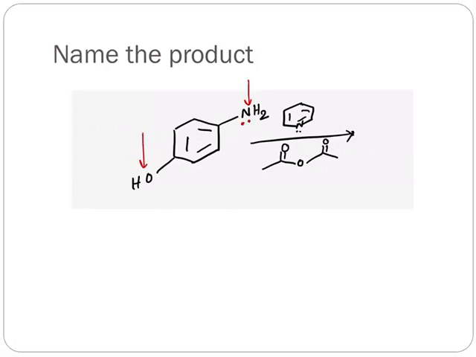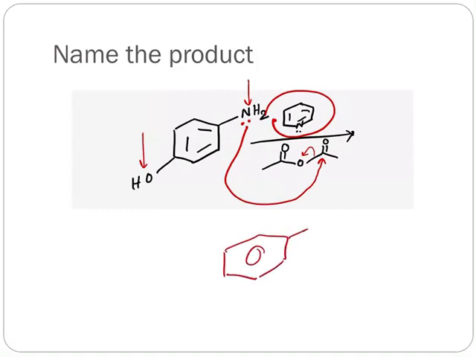Here this nitrogen lone pair attacks this carbonyl group under basic condition, this is pyridine, to give N-acylated product. This will go out as a leaving group. So what will be the structure of the product? The product structure will be very much like this. So this is a very important conceptual question and may come in GPAT.